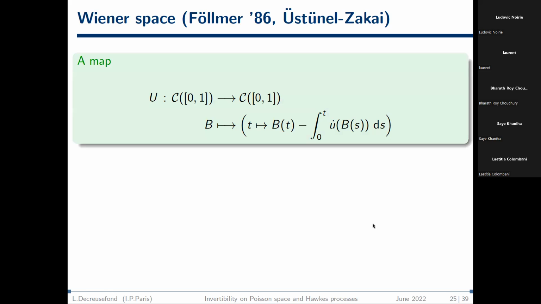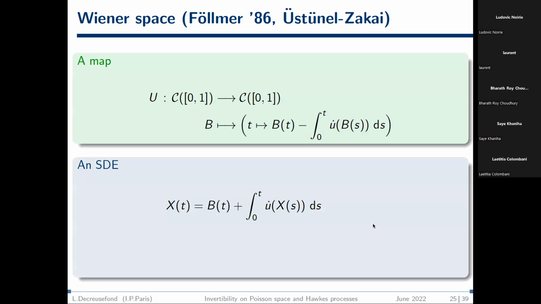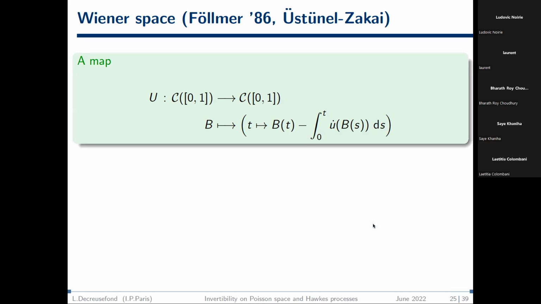You take the function which are continuous from 0, 1 into R, and to the path you associate a new path, which is b of t minus the integral from 0 to t of u dot ds. You just put a drift on the Brownian motion.